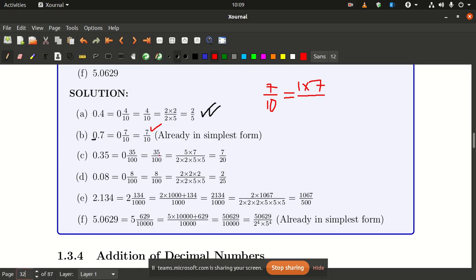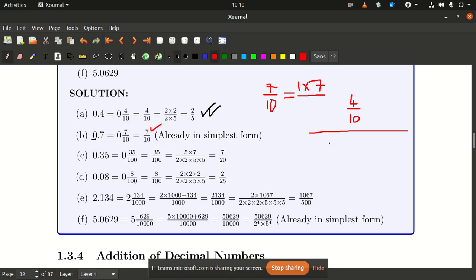Now we are done with this. I wanted to mention something here, and I hope you grasp it. If you have a 4 over a 10, I want you to see something here.